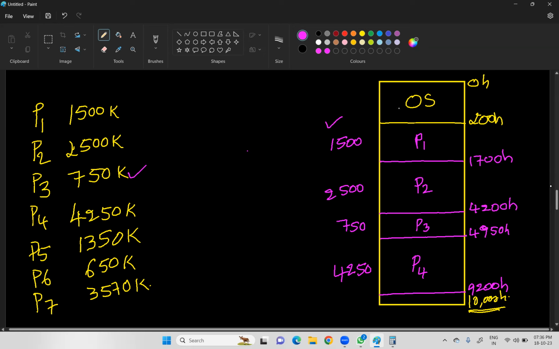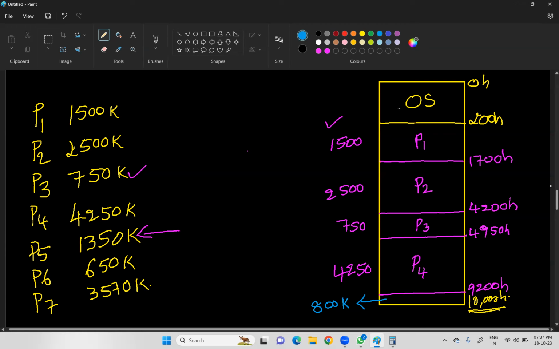Then the next process is P5. This P5 cannot be allocated because we remain with only 800. This available space will be 800 kilobytes, which is not able to fit 1350.